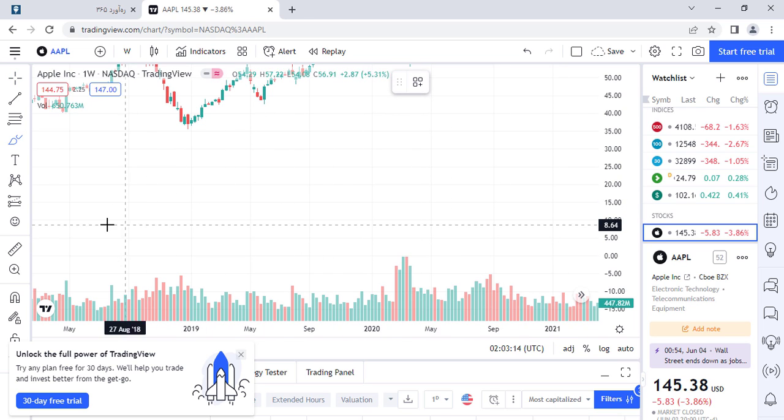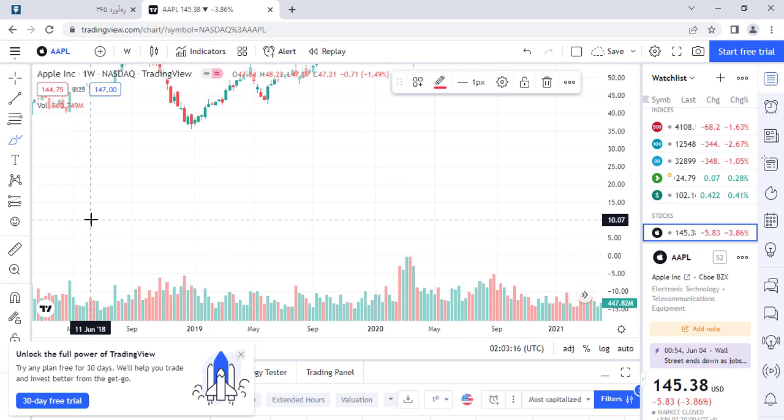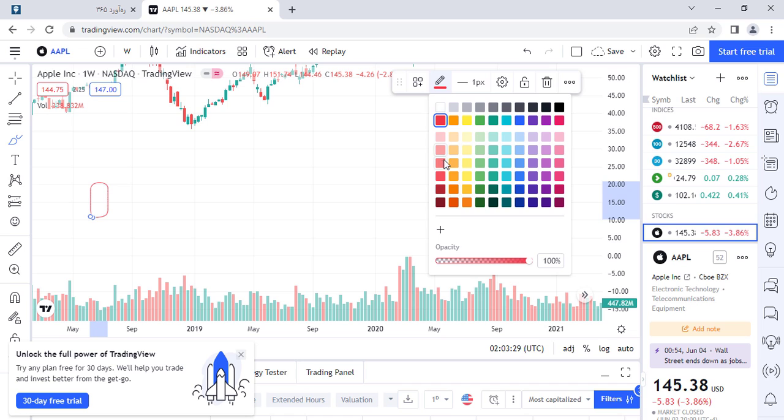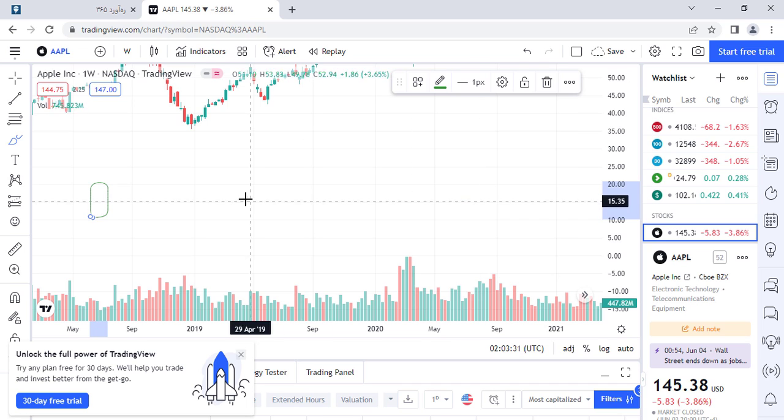The price may in one day start from $10 and come to $20. Let me change the color of our drawing candles.